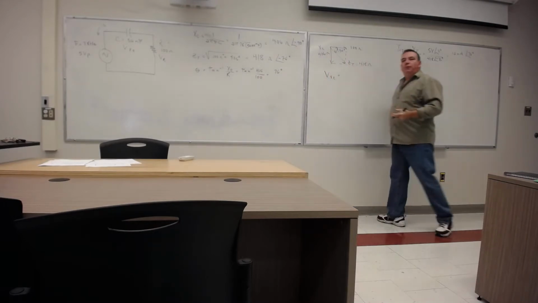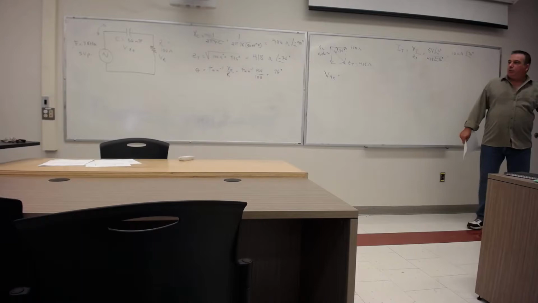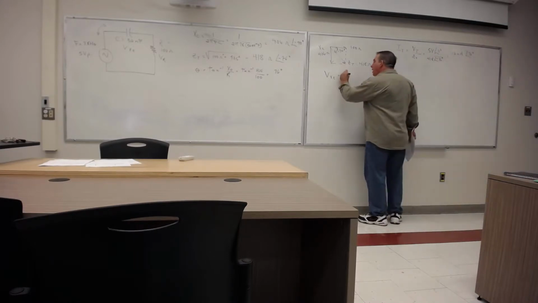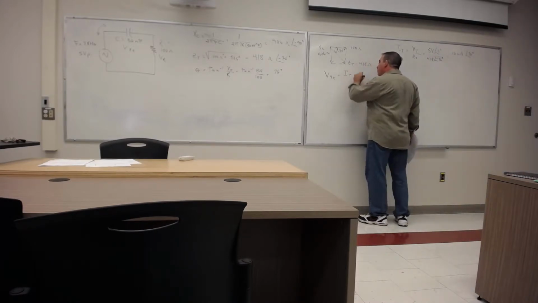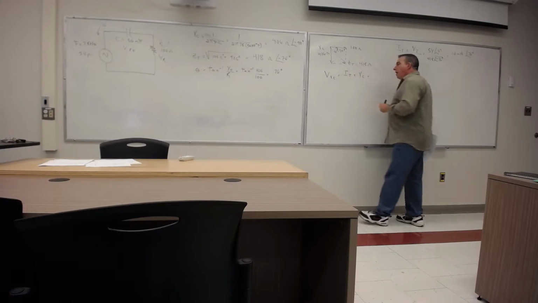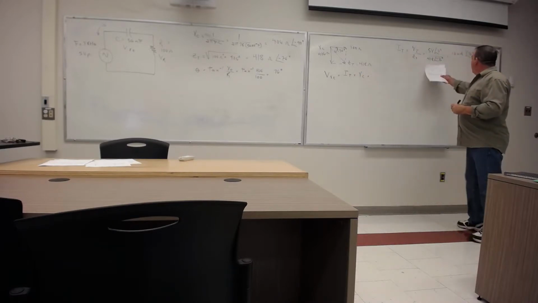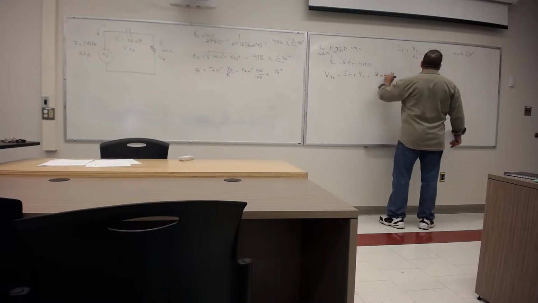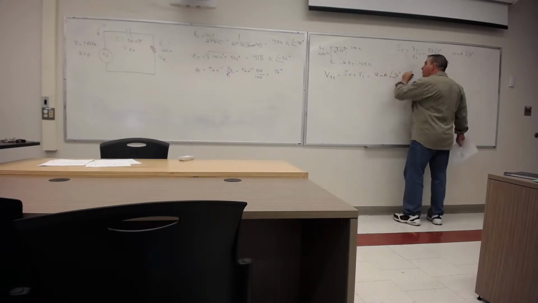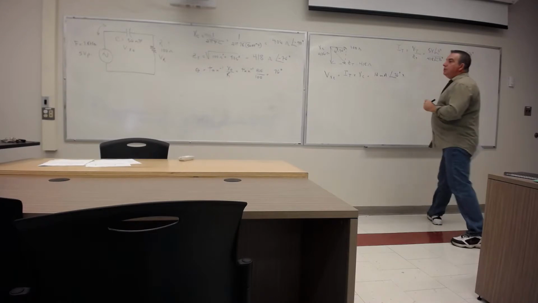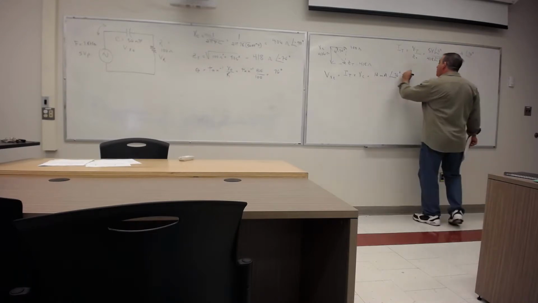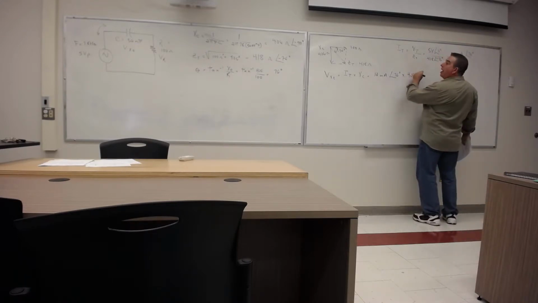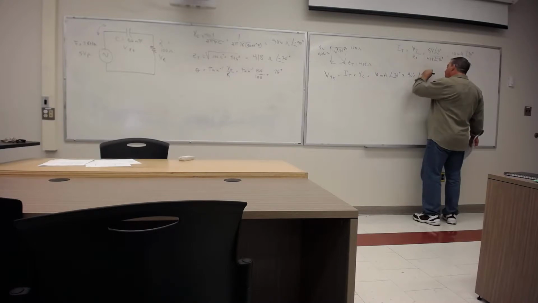Usually when we find a voltage drop, we say current times resistance. So in this case, we're going to go IT times XC. So I'm going to go 12 milliamps at 76 degrees times, we said XC is 406 at negative 90 degrees.